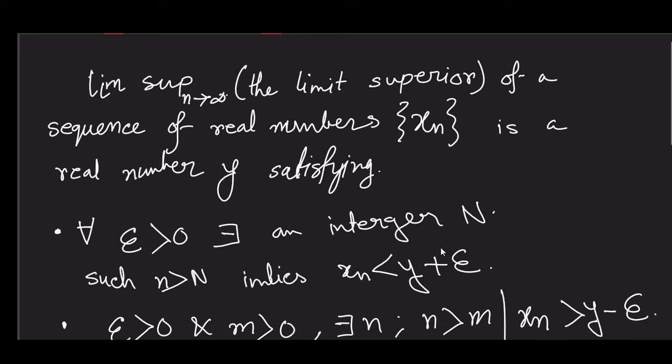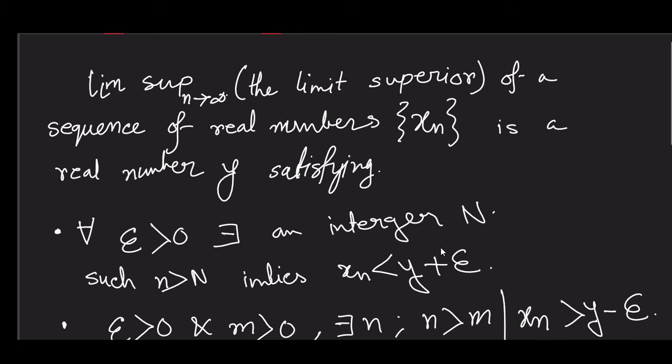For a given sequence, we have a real number y that satisfies, for any positive epsilon, there is no bound that epsilon has to be an integer.